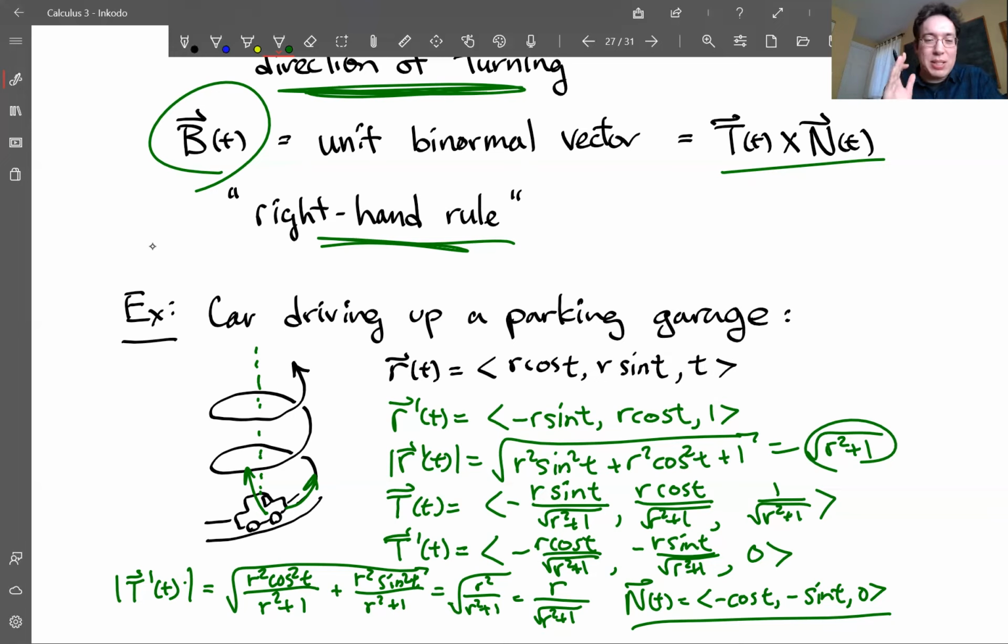It's a little bit tilted backward because the driver is driving on an incline, so the head is tilted slightly backward as it climbs upward. But that's the direction that the binormal is pointing towards. If this parking garage wrapped around in the right and upward motion, then the binormal would have pointed downward from the perspective of the driver.